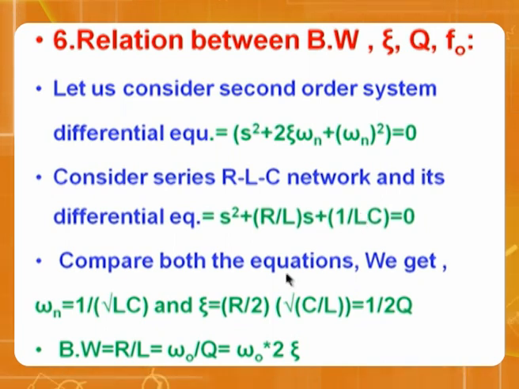In the place of omega n square you have 1 by LC, so omega n is root of 1 by LC. In the place of 2 zeta omega n we have R by L, which I already told you is the bandwidth. So looking at the bandwidth and omega n, you can always calculate the quality factor also. So these are the relations between bandwidth and F naught. This is called the relation between bandwidth and frequency.